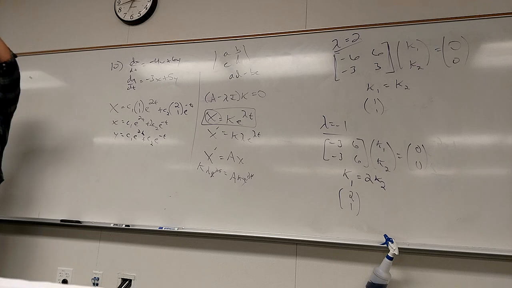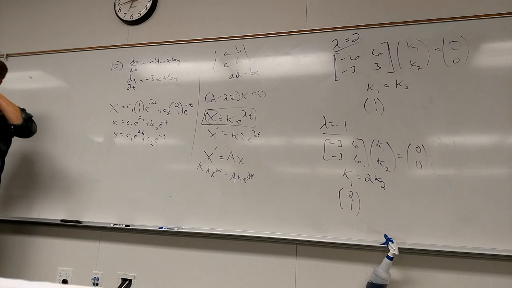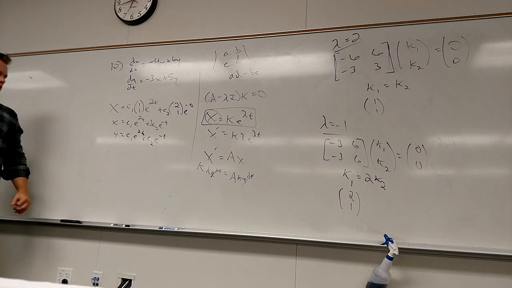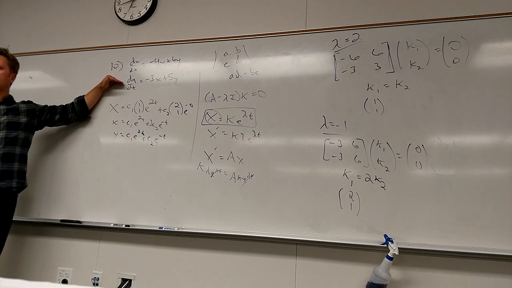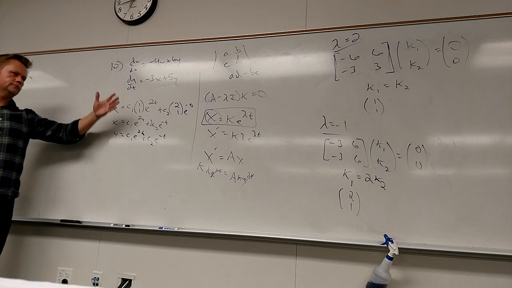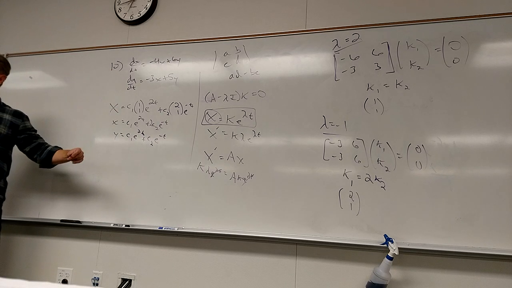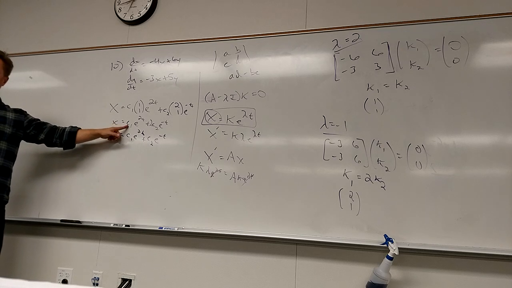Is the C1 just because it's like K1, and then instead of calling it K, you call it C? Yeah, just to make it match. If I did this for a differential equation, I wouldn't have K's. The K is sort of for the matrix stuff. I think the book brings it back to C's too.